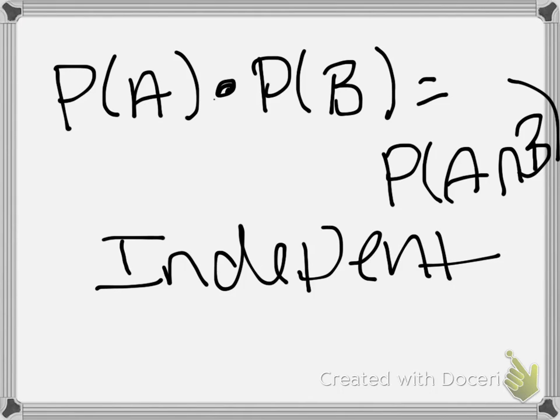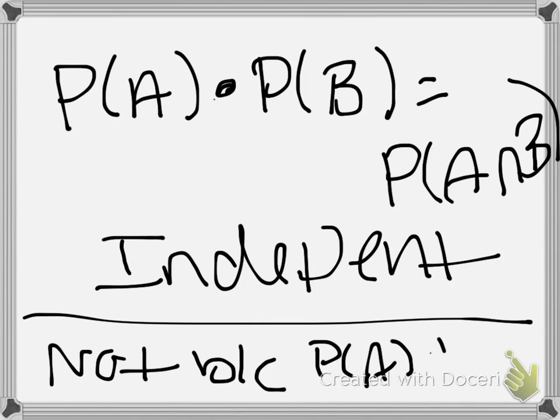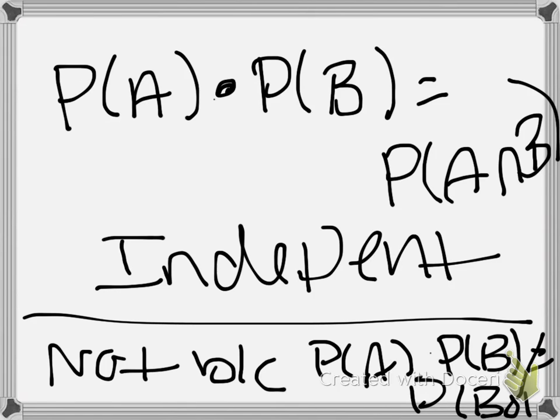We can draw the conclusion that they are not independent events for this problem, because the probability of A times probability of B does not equal the probability of both. And again, I'm using my finger. I am so sorry. That's question number 8C.